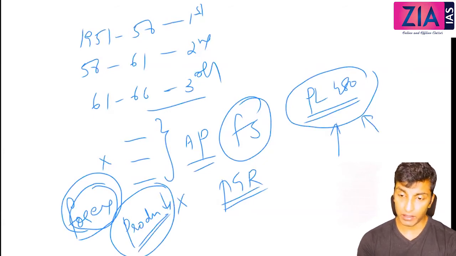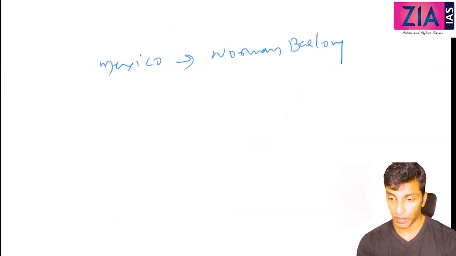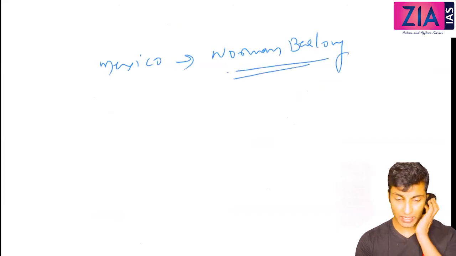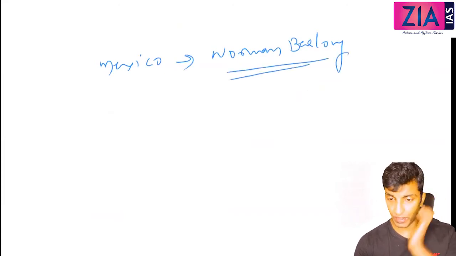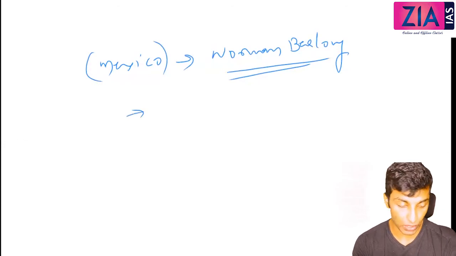HYV seeds were developed in Mexico. Who developed it? Norman Borlaug. He's actually an American citizen, but it was developed in Mexico. It was adopted in India under Dr. MS Swaminathan.